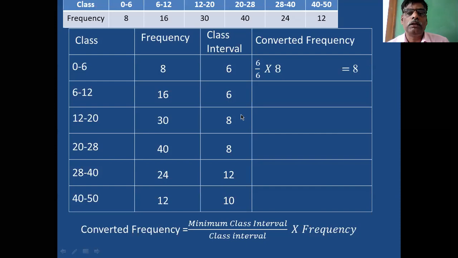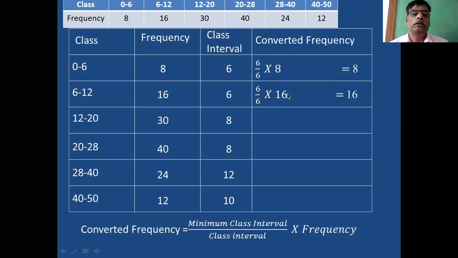That is to be fixed at 6. The numerator is always fixed. Once you select the numerator, that will not change. The denominator is the actual class interval. That is also 6, into frequency. Frequency is 8. 6 by 6 into 8 is equal to 8.